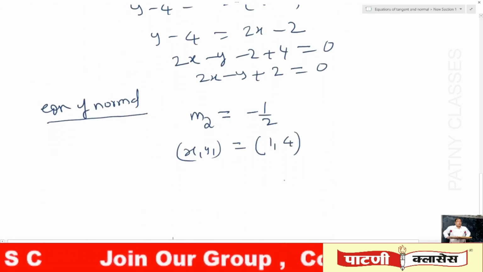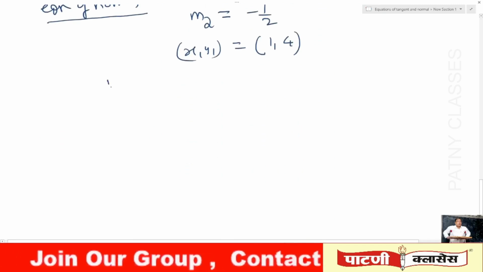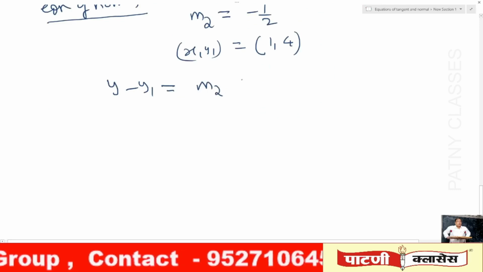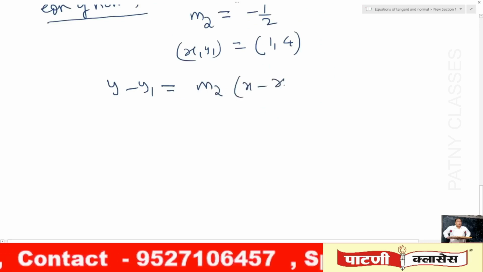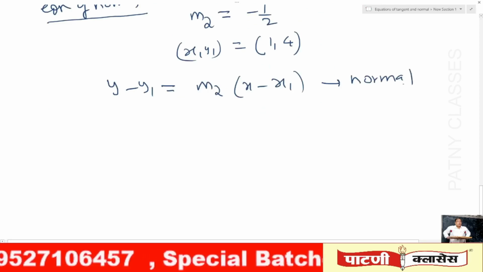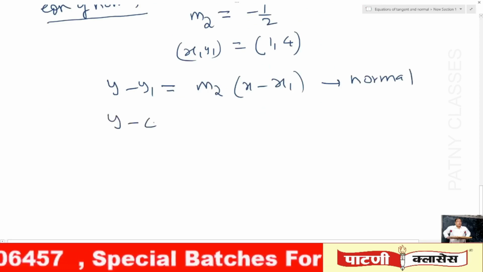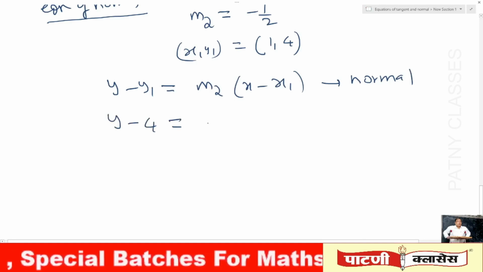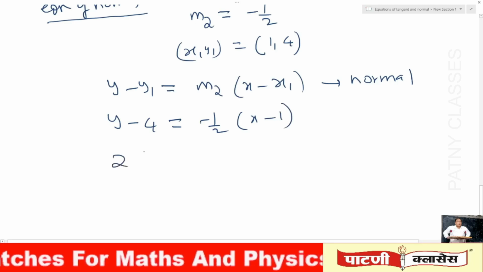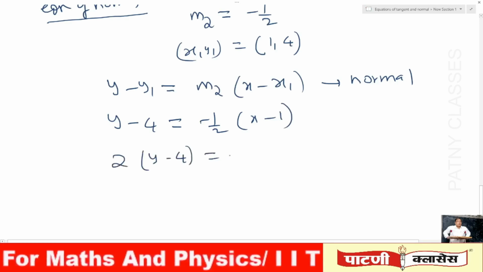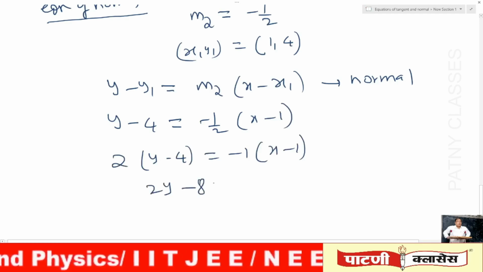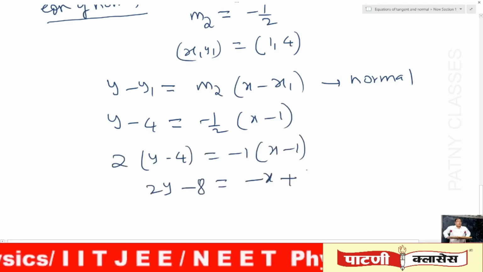So we again apply the same equation: y minus y1 equals m2 times x minus x1, for normal. So y minus 4, m2 is nothing but minus 1 by 2, times x minus 1. So 2 into y minus 4 equals minus 1 times x minus 1. 2y minus 8 equals minus x plus 1.